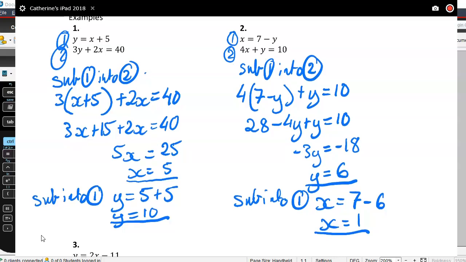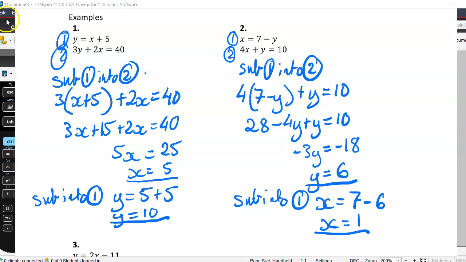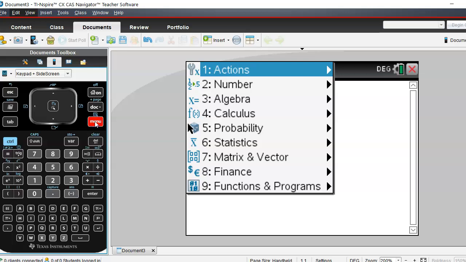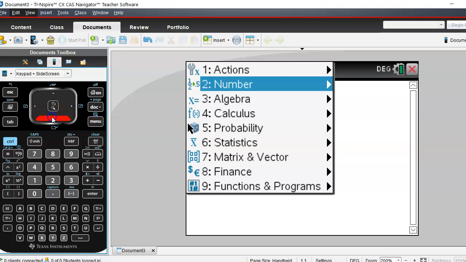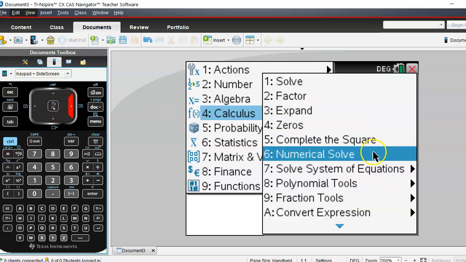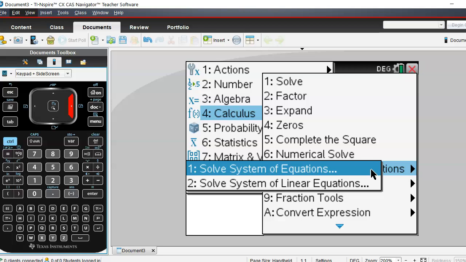There is a CAS way of doing it. So if you look at your CAS calculator, let's do this first one. If you go menu, you'll see option 3, then solve system of equations.